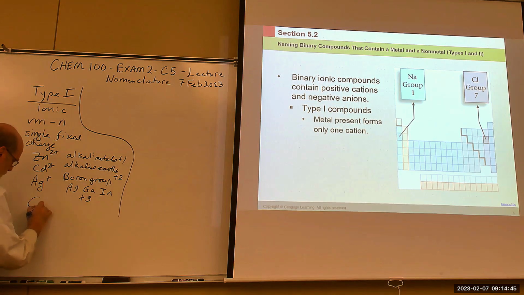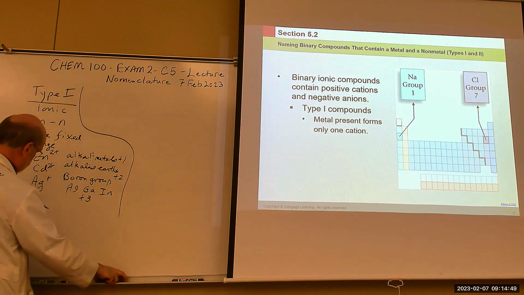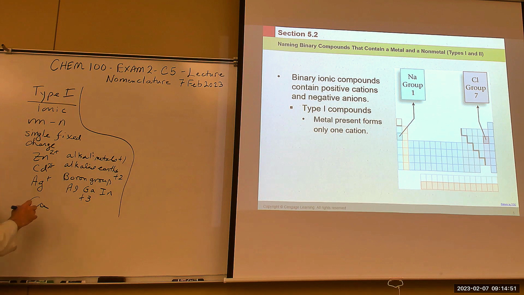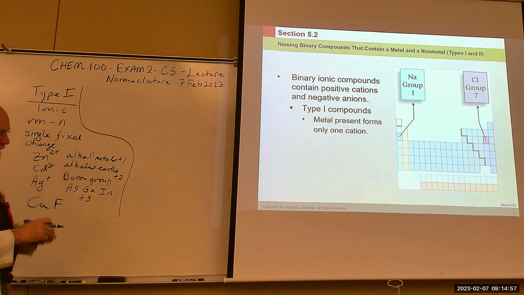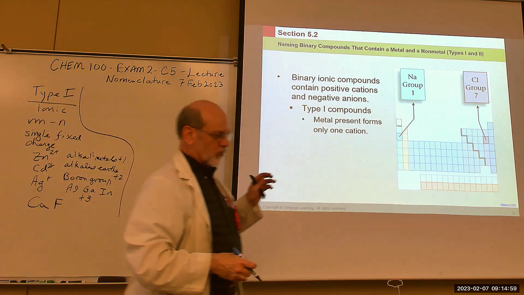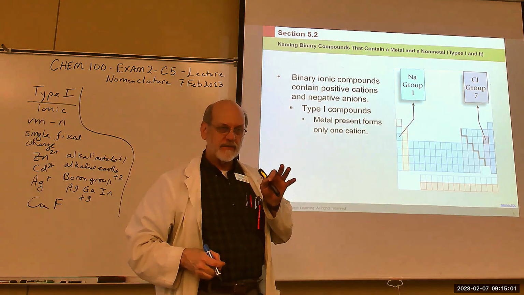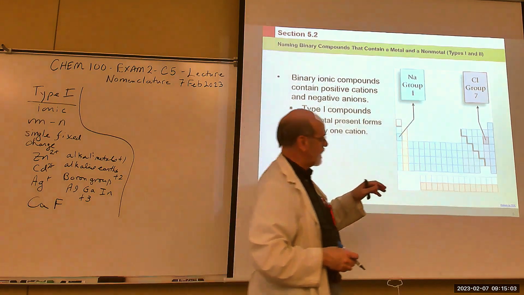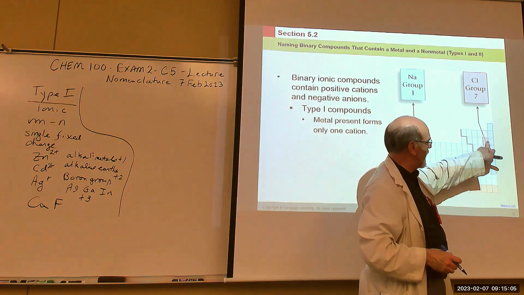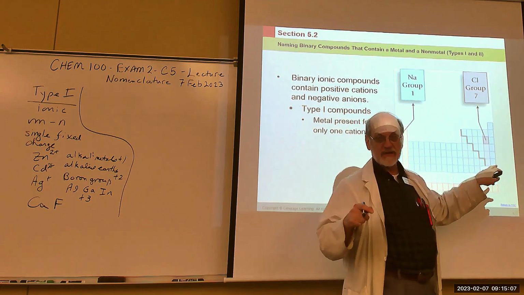So we write calcium. Let's write the compound first. Let's say we're going to form calcium with fluorine. Now, when they're in ionic compounds, the anions, the negative ions, coming from this group, the halogens, are always -1.